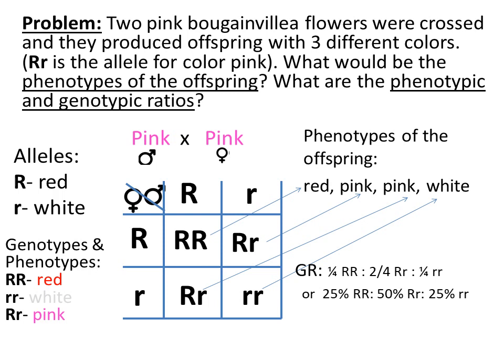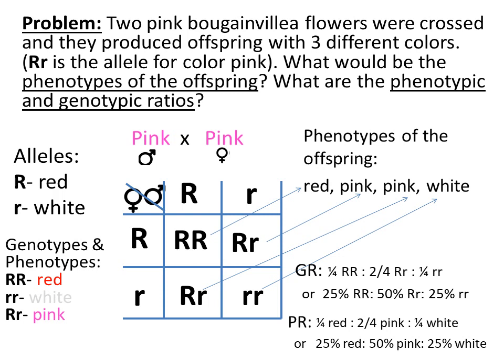Or 25% big R to 50% big R, small r to 25% small r. For the phenotypic ratio, you can have 1/4 red to 2/4 pink to 1/4 white. Or 25% red to 50% pink to 25% white. From here, see you in the next video.